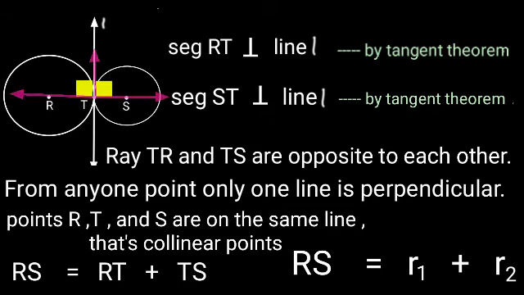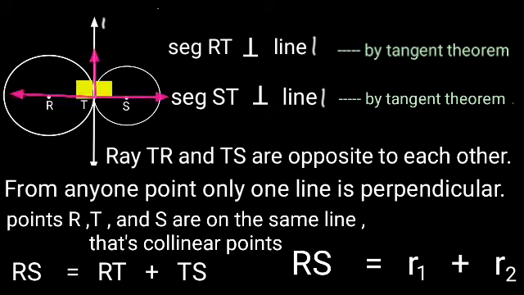These two angles are a linear pair. The sum of these angles is 90 degrees plus 90 degrees, that is 180.